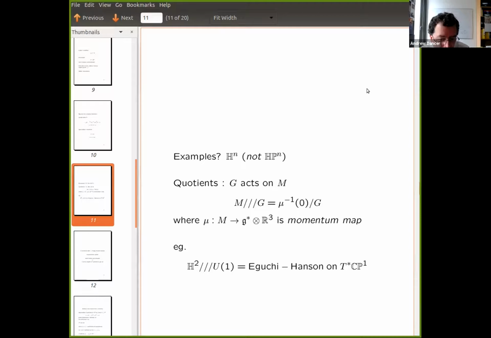What we can do, however, in good situations is to form a moment map or momentum map, inspired by ideas from Hamiltonian mechanics, valued in the dual of the Lie algebra tensor R3. Then we take the zero level set of the moment map, and mod out by the group action, and that turns out to be Hyperkahler.